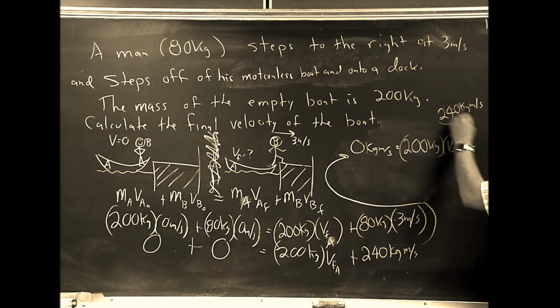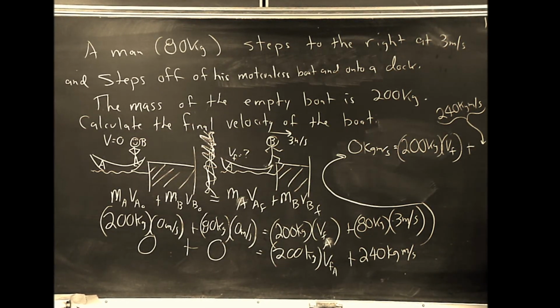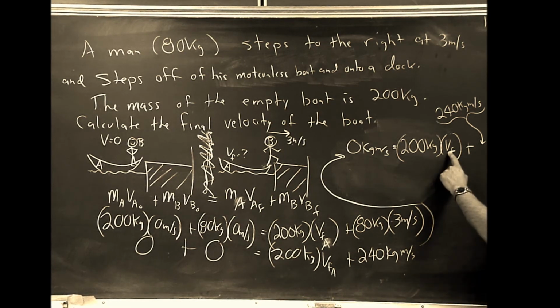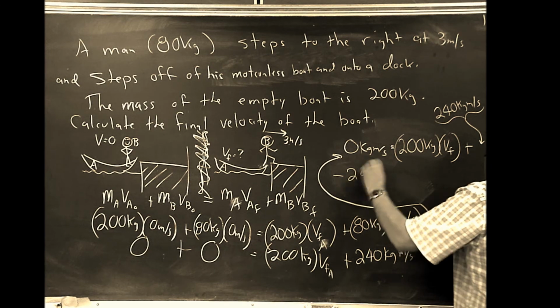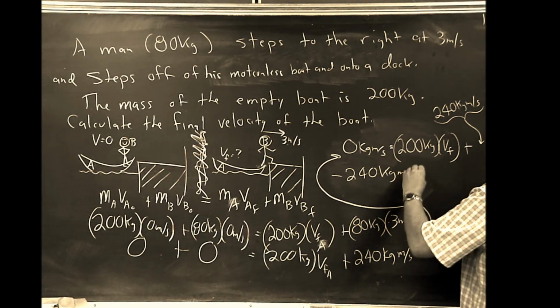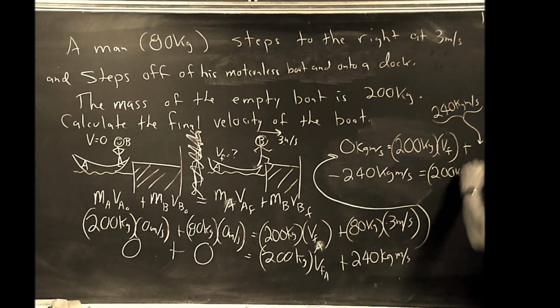What I want to do is get the V final by itself, so I'll bring this to the other side. So it'll be negative 240 kilograms meters per second equals 200 kilograms times V final.